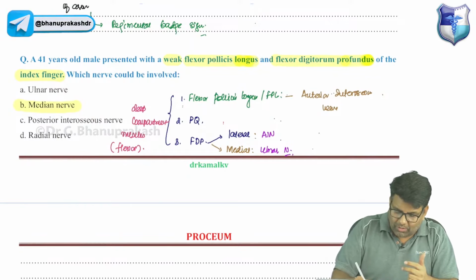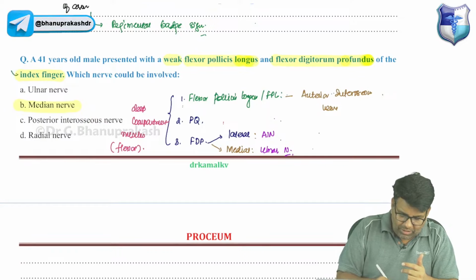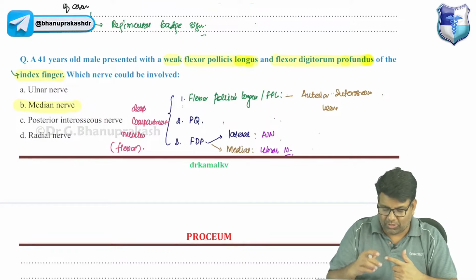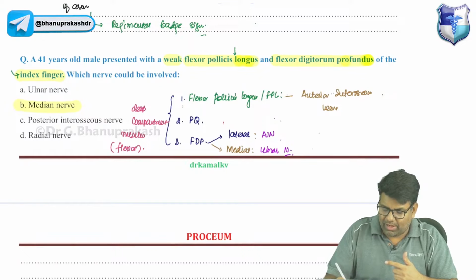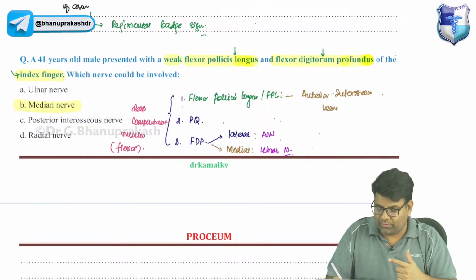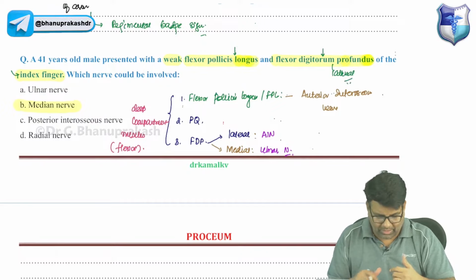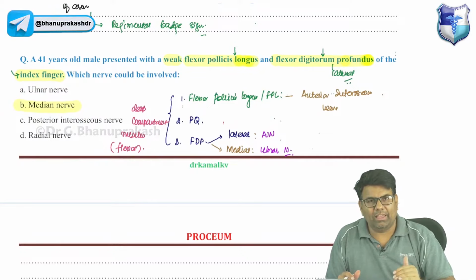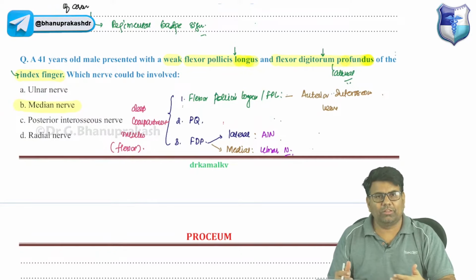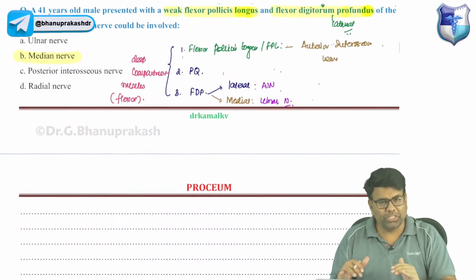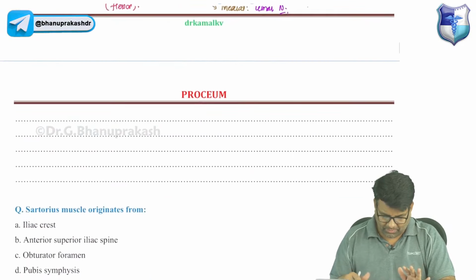And therefore, the question is specifically mentioning the index finger only. So it means there is FPL and the lateral half, right? So the moment you have this kind of picture, you can say the answer is either AIN, and if AIN is not in the option, then you can mark median nerve. So please remember this much, don't mix up.